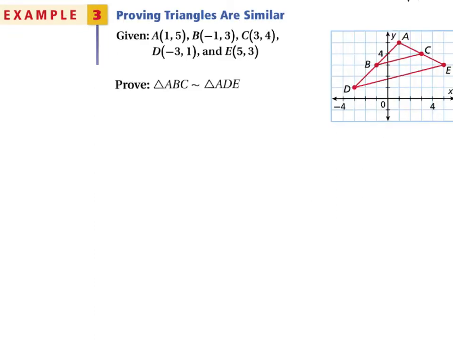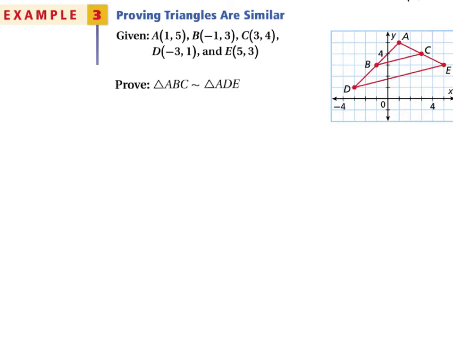In example 3, while this looks easy, we are going to have to use what we know about similarity theorems to prove that the two triangles are similar. Now, the givens are these 5 ordered pairs, A, B, C, D, and E. They're actually not going to be graphed for you, but I've already put the graph here. We want to prove that triangle ABC is similar to triangle ADE.